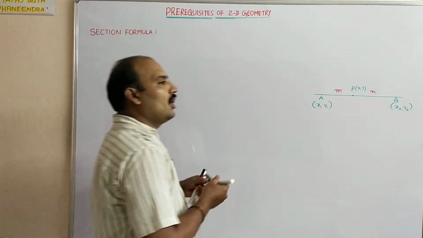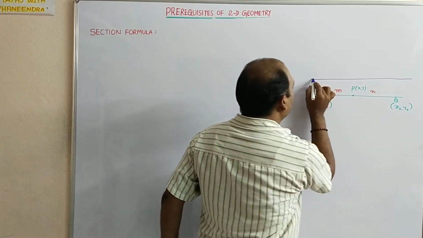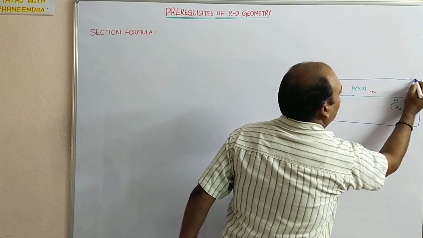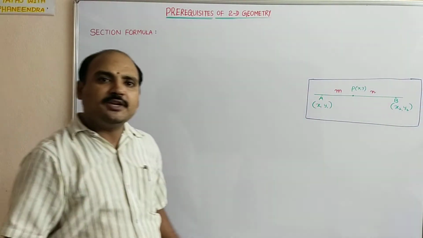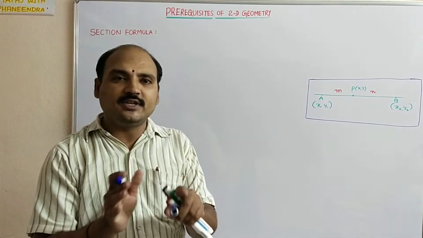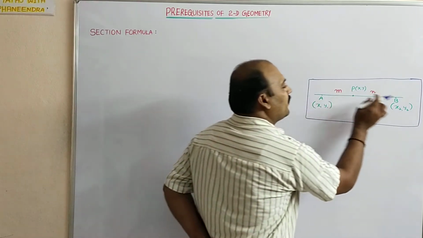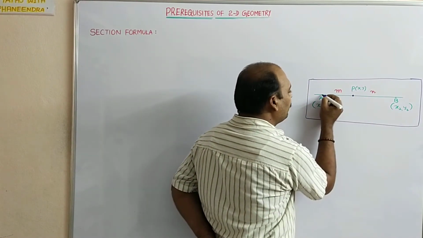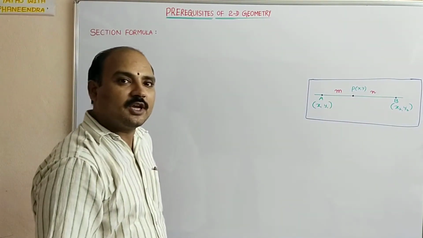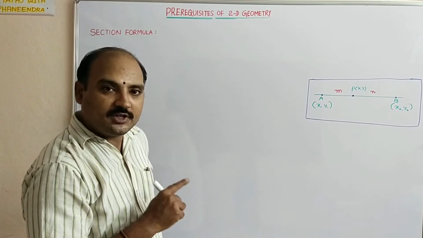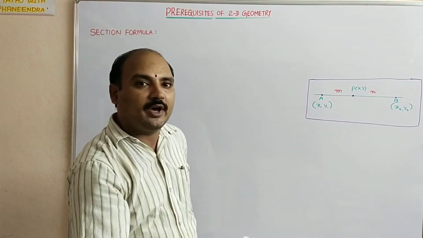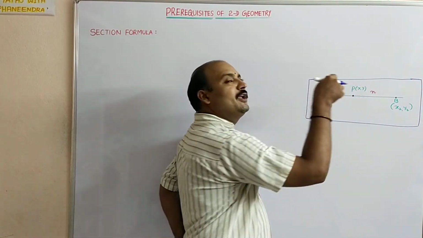How can we say that the division is internal? Whenever the division point P is in between A and B, that means it is not the midpoint but in between A and B. See here, the point P is on the line joining the points A and B. The line segment joining A of x1, y1 and B of x2, y2 is divided by the point P of x, y in the ratio m:n internally.